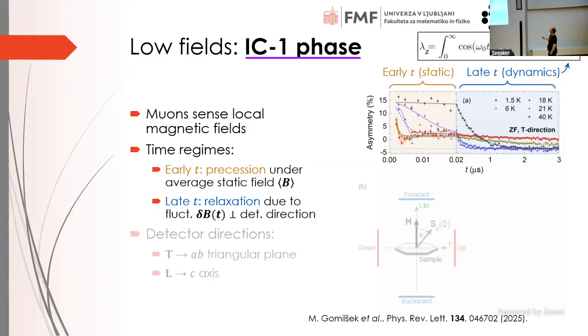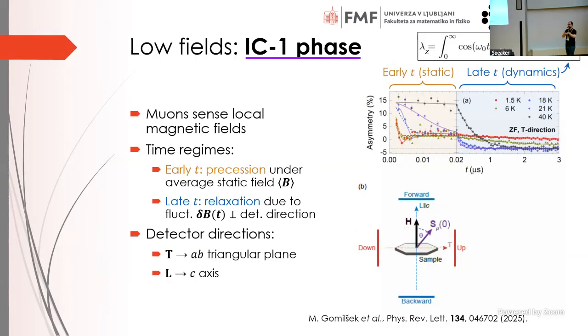Now, how to interpret this signal at late times? Well, there's a connection to the fluctuations of the magnetic fields in the direction perpendicular to the detector direction. So in our case, we had two different pairs of detectors, one along the out-of-plane direction, one in plane. And it's the components of the fluctuating fields that are perpendicular to the detector direction that relax the muon spin in experiment.